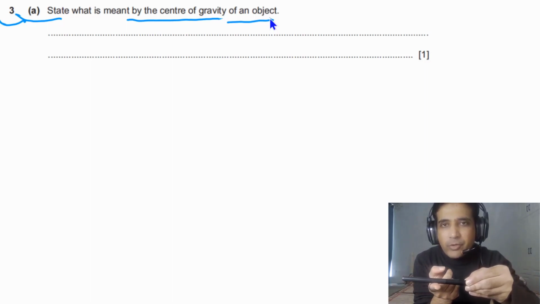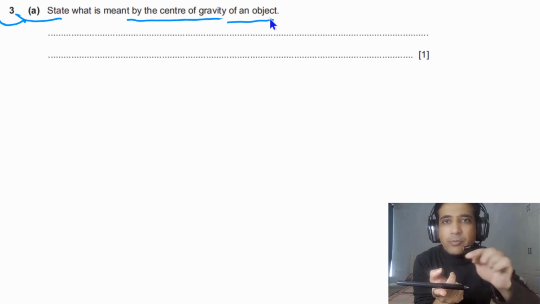I will reach a point, and if I apply a single force at that point, there will be no turning effect. And that single point is this one. So you can see at this point, I'm applying a single force that is acting vertically upward and there is no turning effect. So this is the center of gravity of this pen. Center of gravity can be outside of the body, or it can be inside the body.